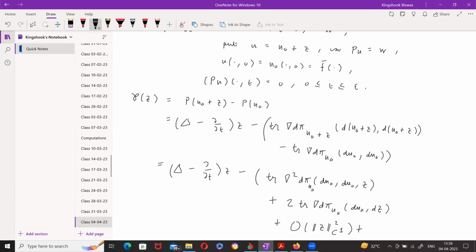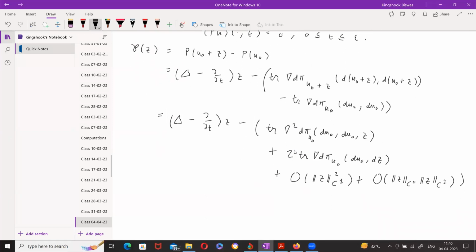And here I'll have a big O of z C0 norm into C1 norm. Okay, so these will be the error terms.